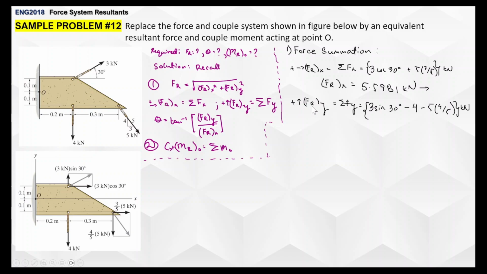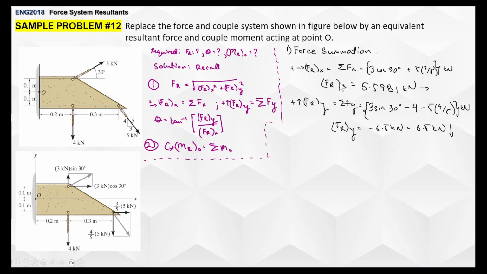So for the y resultant forces, we get the summation of all vertical forces, with up being positive and down being negative. In this case, we have 3 sine 30 degrees minus 4 minus 5 times 4 over 5, because that is the y component for this particular force vector here. And we get around negative 6.5 kilonewtons, or 6.5 kilonewtons downward.